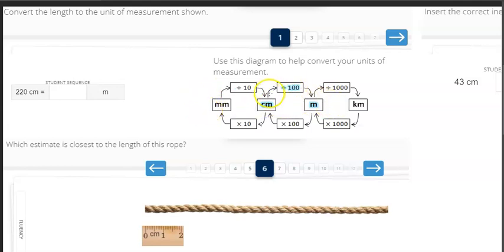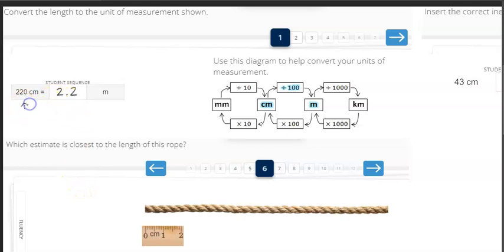We're going to follow the arrows and apply whatever it's asking us to do. In this case, we're going to divide by 100. So you will get your calculator and divide by 100. When you do 220 divided by 100, you'll end up getting 2.2 meters.